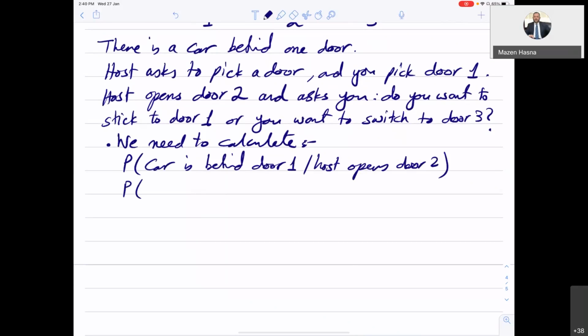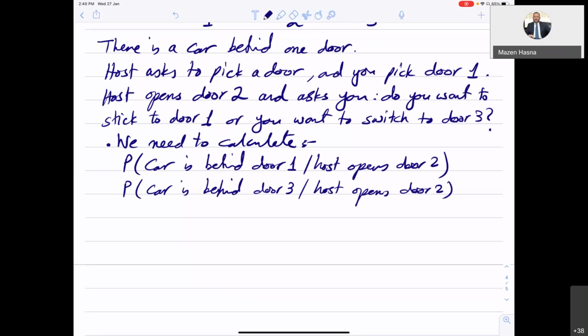The second probability: the car is behind door 3, given that the host opens door 2. So let's see, I will do the first one in detail, and then I will leave you with the second one.